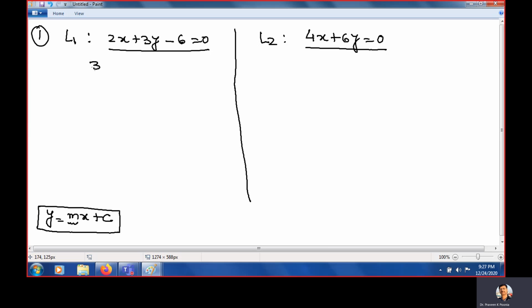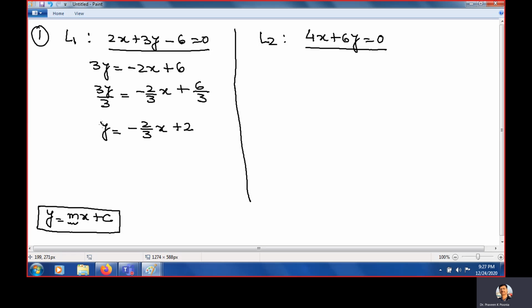So 3y equals minus 2x, and minus 6 becomes plus 6, so we shift everything to the right side. Now divide by 3. 3y divided by 3 equals minus 2x divided by 3 and 6 divided by 3. So 3 cancels. So y is equal to minus 2 upon 3 x, and 6 divided by 3 is 2.